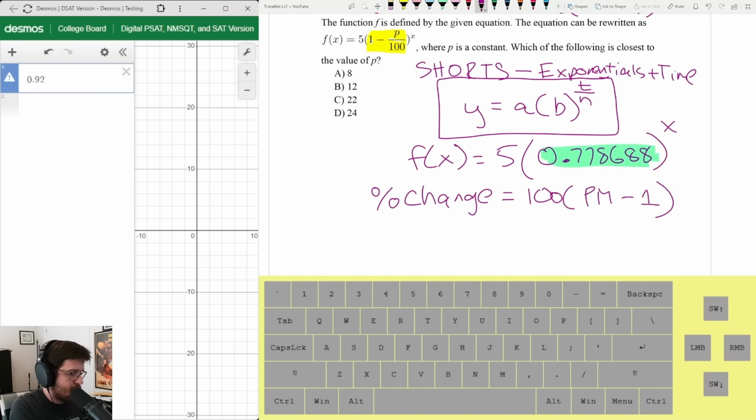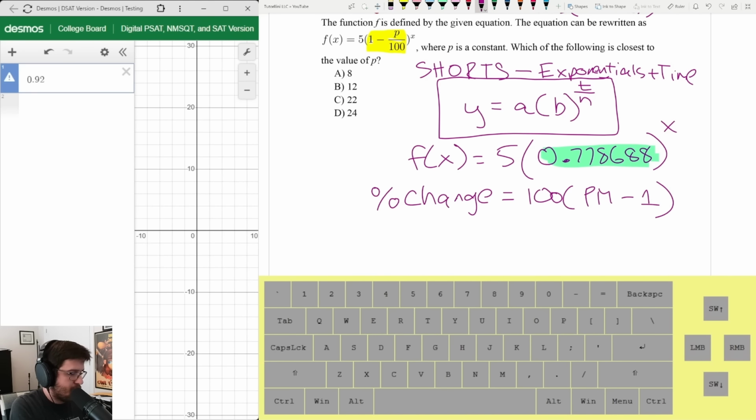And I get a percent change of negative 22%, which is a 22% decrease. So the value of p is approximately 22, which is answer choice C.